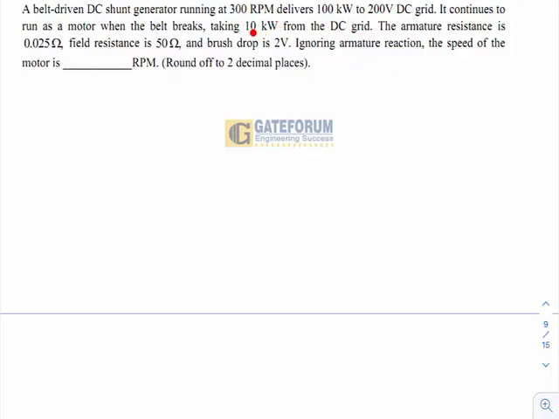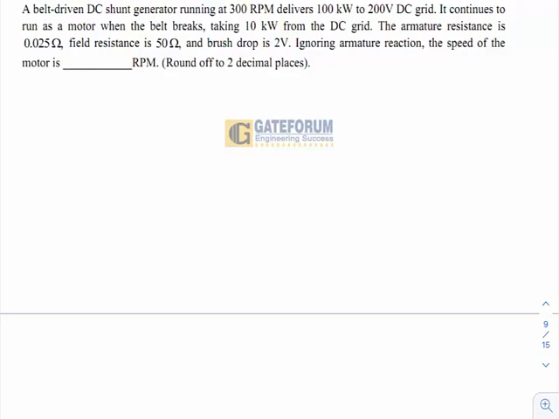Okay, so the input power in case of motor is just 10 kilowatt. Okay, the armature resistance is 0.025 ohm, field resistance is 50 ohm, and the brush drop is 2 volt. Okay, they have not given individual brush drop, they have given total brush drop and it is 2 volt.